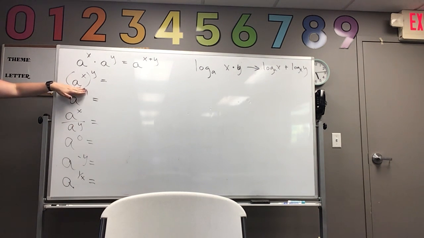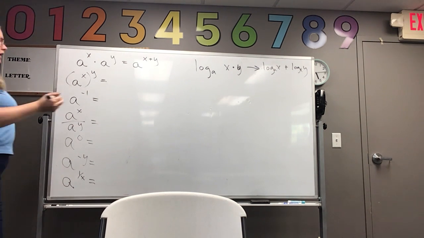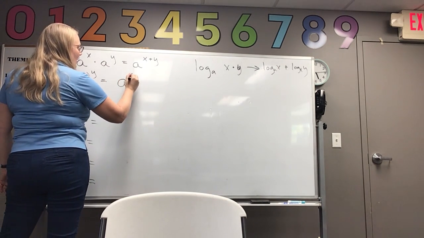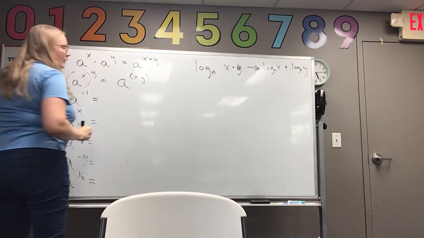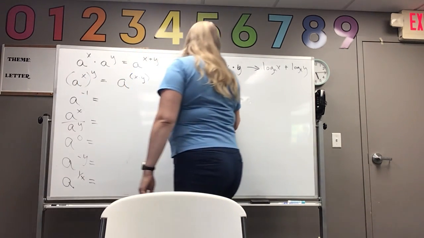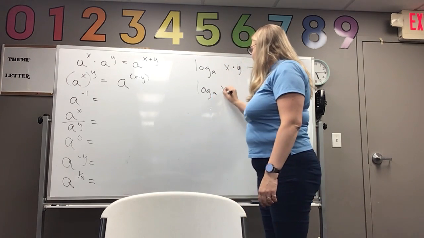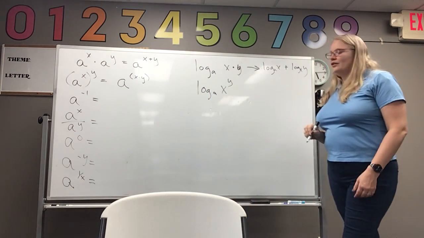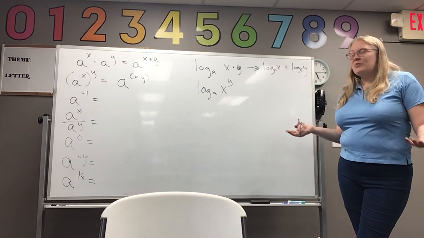So here we have power to a power. We have a to the x to the y. What happens here? How do we simplify that? Multiply the exponents. And so this becomes a to the x times y. In a logarithm, the same way, if we have the exponent, it becomes multiplication.